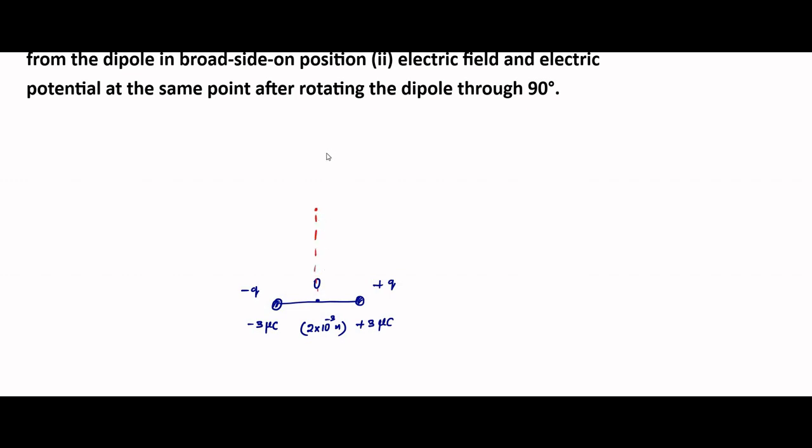So let's say we have to calculate it at this point P, which is at a distance of 0.6 meters from the center of the dipole. 0.6 meters is much greater than 2 into 10 to the power minus 3 meters, so this constitutes a short dipole.